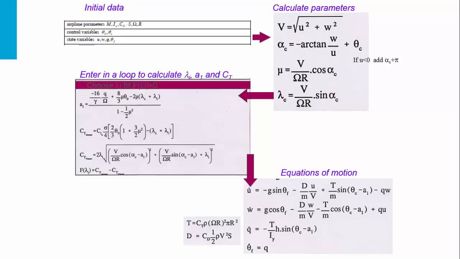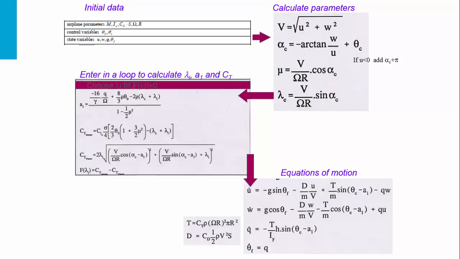The idea is that we consider a function of the induced velocity lambda, which is the difference between CT blade element minus CT Glauert, and we are going to choose the induced velocity lambda until this function is 0, so until these two formulas are equal. When you are out of this algorithm, it means that you will have the induced velocity on that state, the longitudinal disc tilt, and the thrust coefficient of the helicopter.